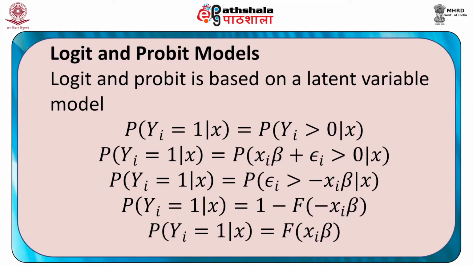On manipulation, this can be written as probability yi equal to 1 given x equal to probability epsilon greater than minus xi beta given x.